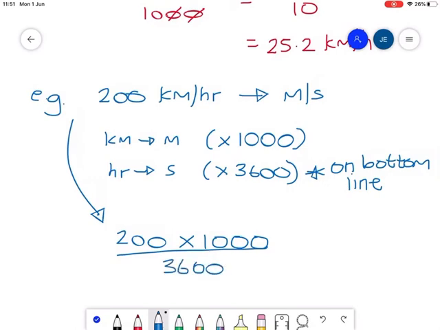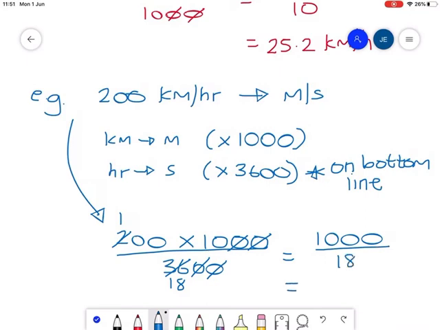Again, you might want to cancel some zeros there, so you can lose these 2 zeros and these 2 zeros. You could lose the 2, and the 36 then would go to 18, which means you're just left with 1,000 divided by 18.